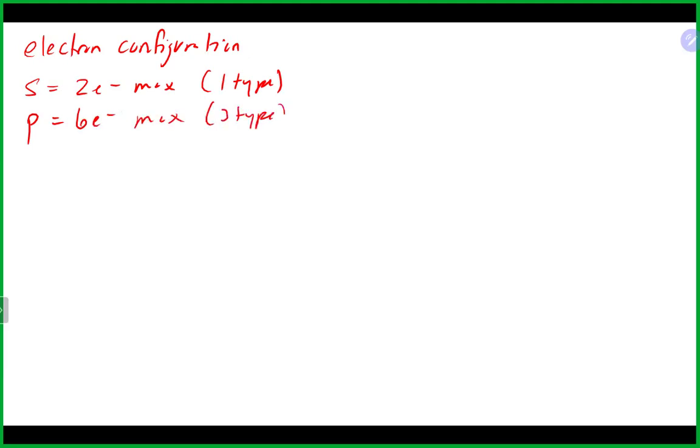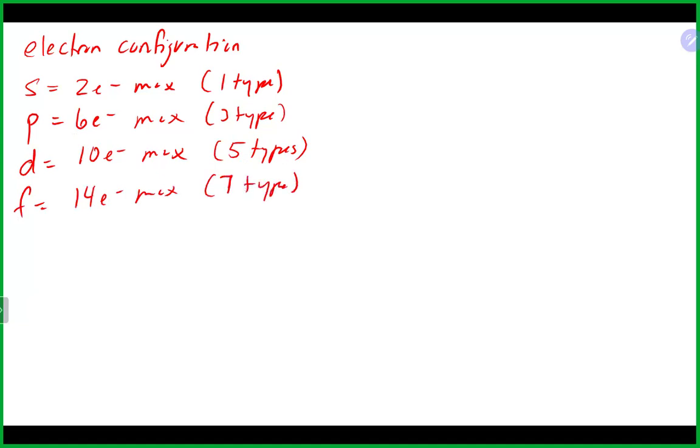Remember that when we have more than one orbital, we sometimes refer to it as a subshell or sublevel. There are d orbitals. There are 5 different types of those, which could hold 10 electrons max. And lastly, there are f orbitals, which can hold 14 electrons max, as there are 7 individual types of f orbitals.